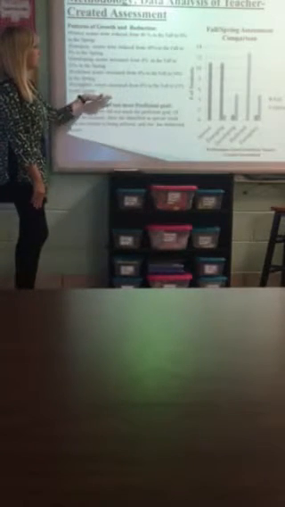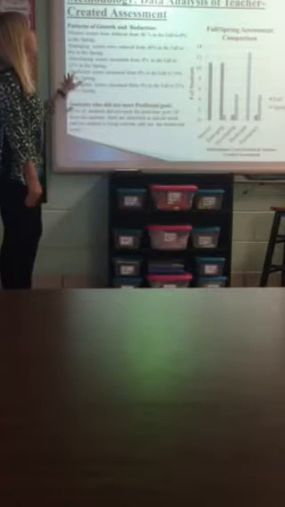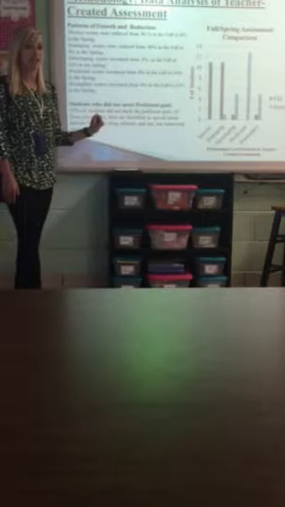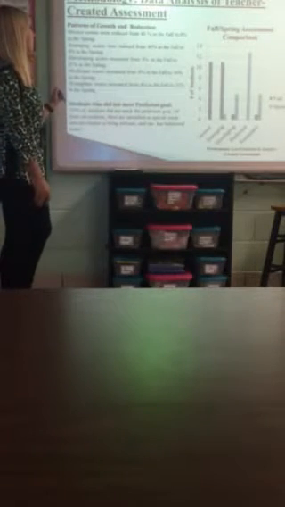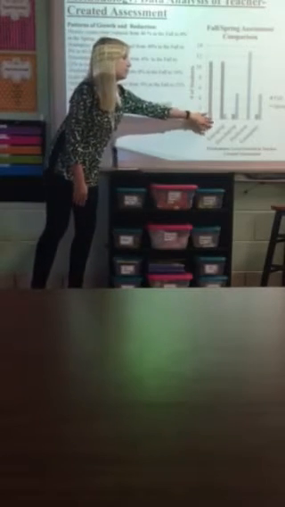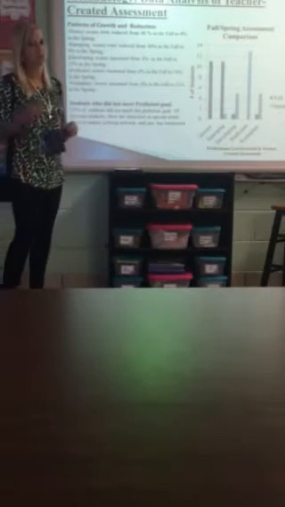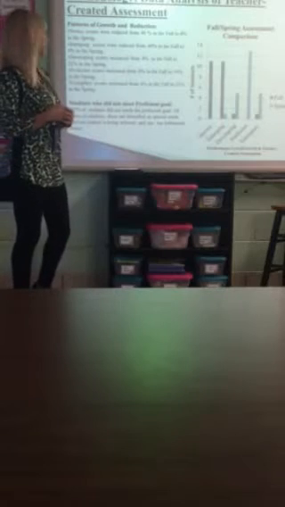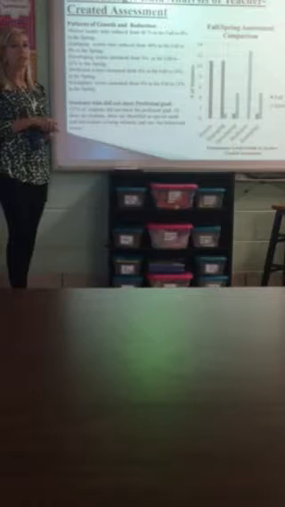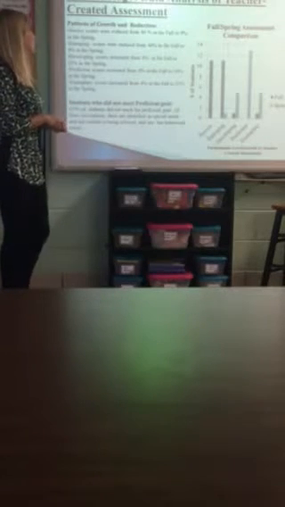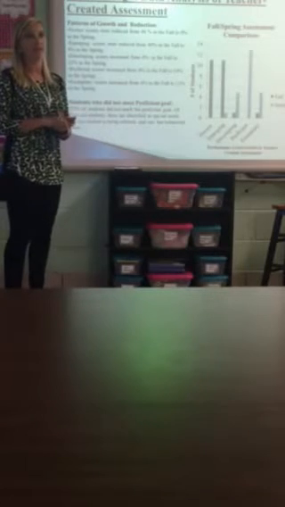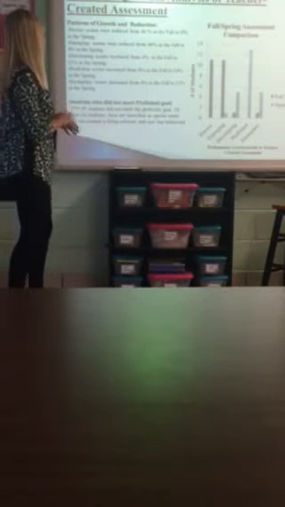And some continued data analysis were some patterns of growth and reduction that I had on my teacher-created assessment. And I was able to see that my novice scores were reduced from 46% to 0%. So my novice was completely reduced throughout the year. And my emerging scores were reduced from 46% to 4% in the spring, meaning only one student was at the emerging level by the spring testing period.